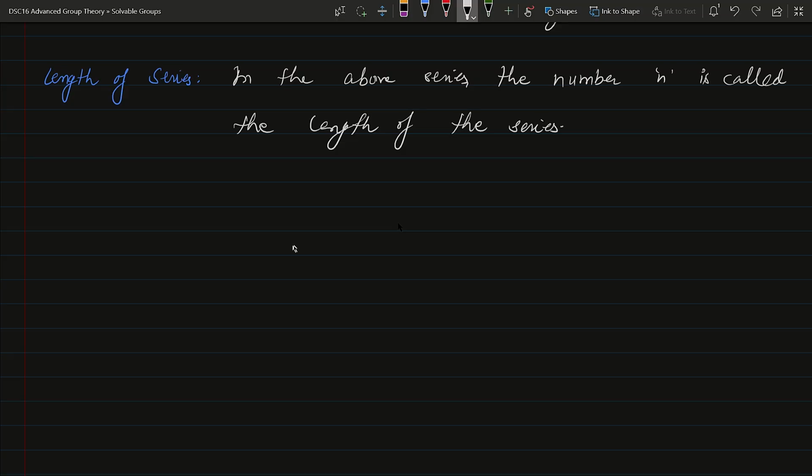Whenever we talk about simple groups, suppose N is normal in G such that G by N is simple, then N is a maximal normal subgroup of G. Now what is a maximal normal subgroup?